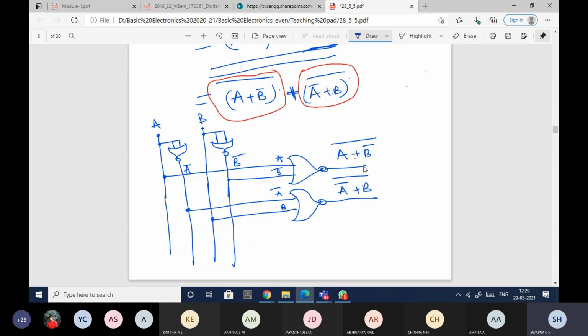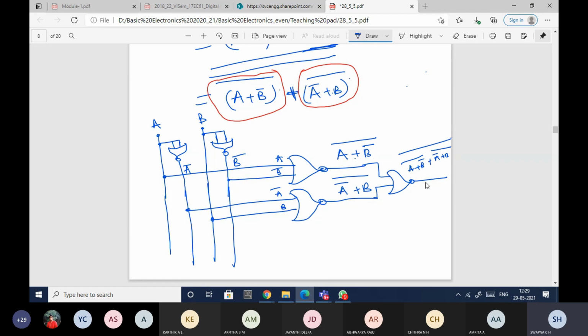So I'll use one more NOR gate so that I'll get (A plus B bar) whole bar plus (A bar plus B) whole bar. Again I have one more bar also.